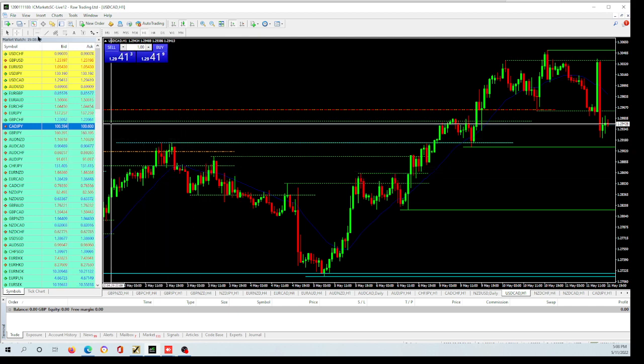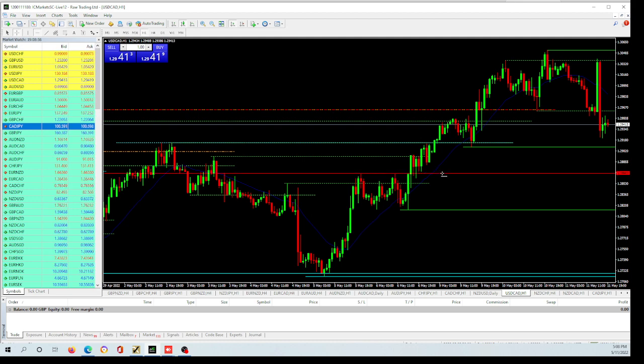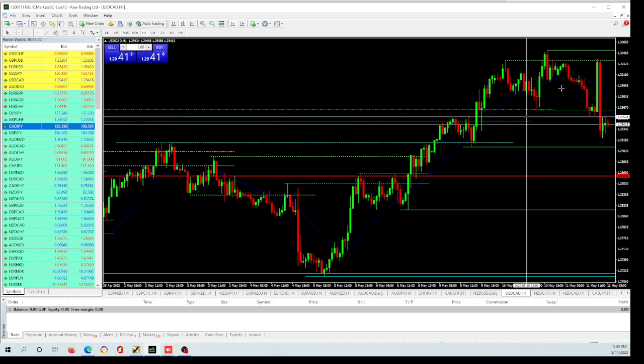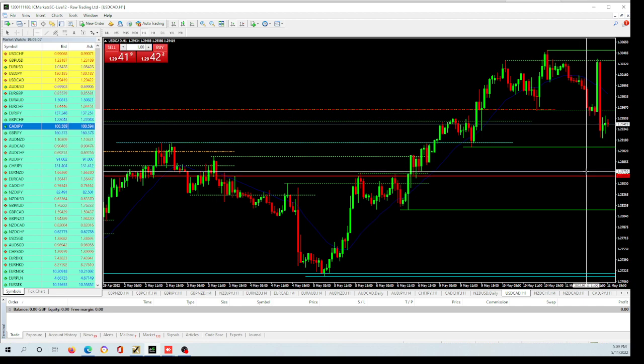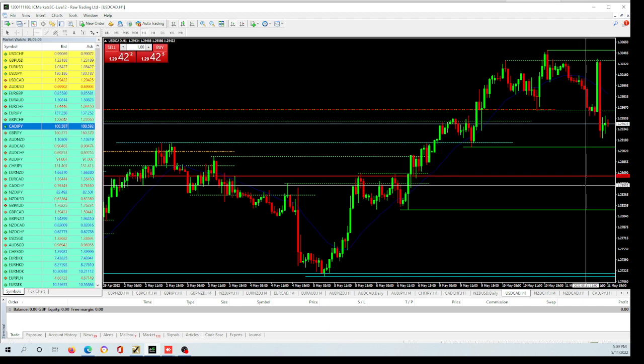So I put my line there to extend them, so that if price breaks below here and breaks above here, I know I have a buy here, and my stop loss is here.